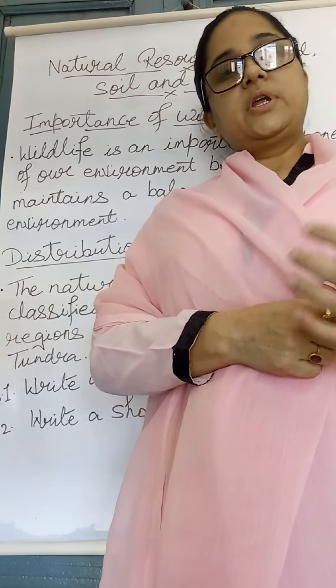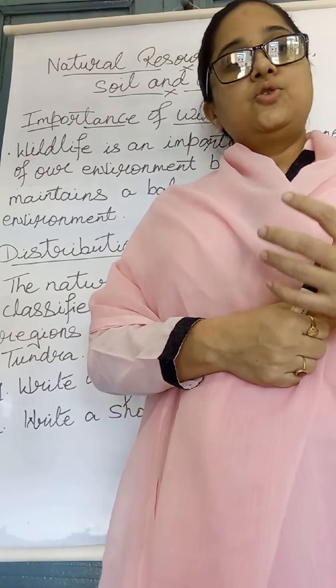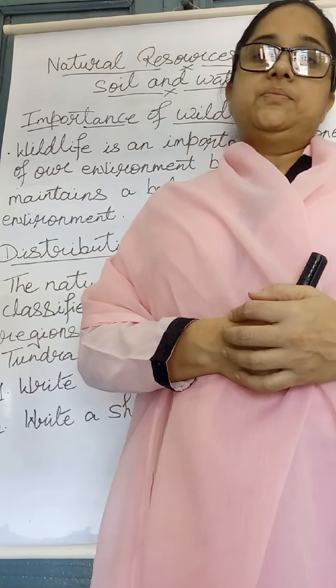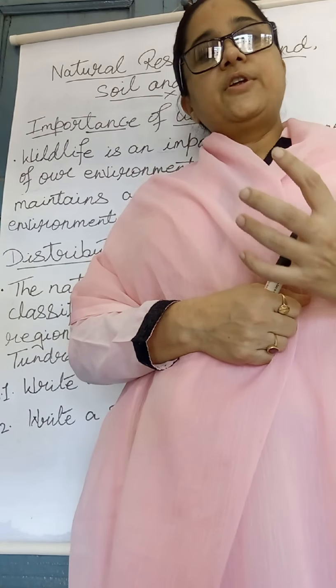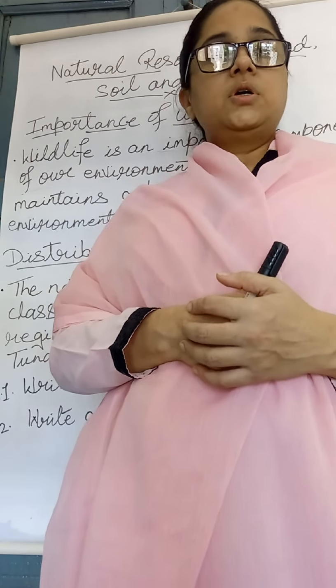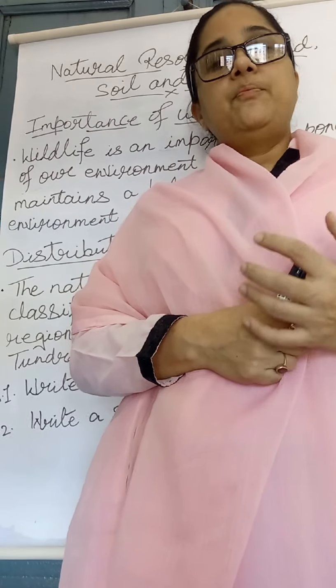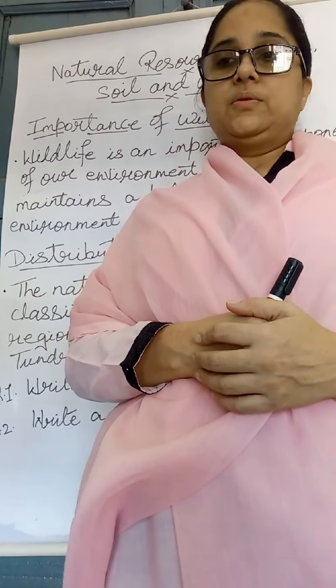Now what is evergreen forest? These forest trees do not shed their leaves at a particular time in a year. Evergreen forests are found in tropical regions that get plenty of sunshine and rainfall.